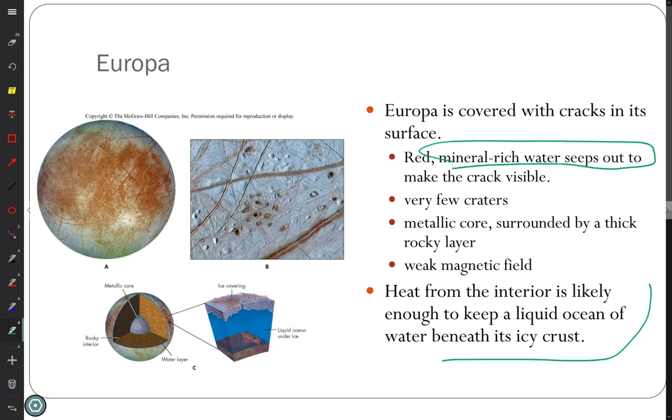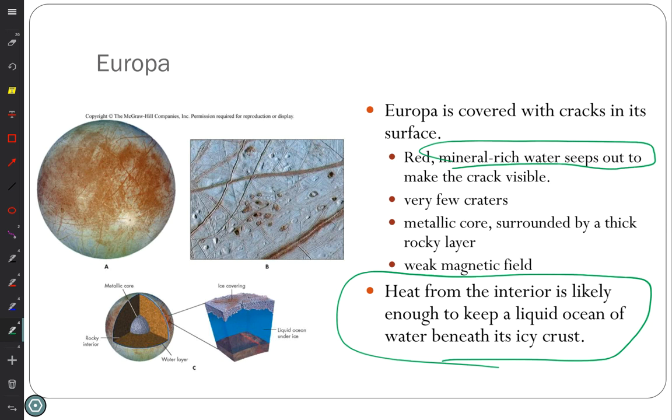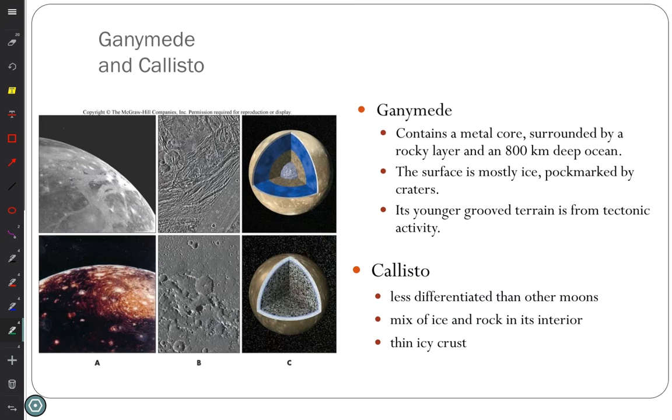It does have heat from its interior that's probably enough to keep that ocean liquid, and it's that heat from the interior that they think makes it so you could potentially have life. So consider it a hot spot region for life. I'm surprised they didn't show a little vegetation growing down here, just to plant the idea.